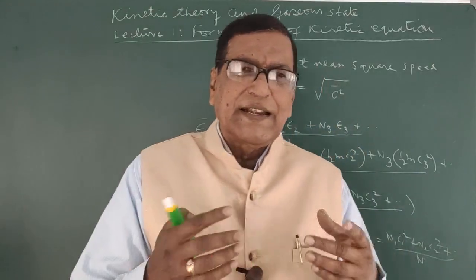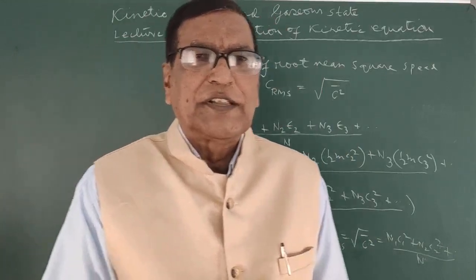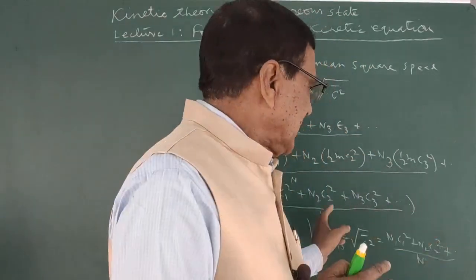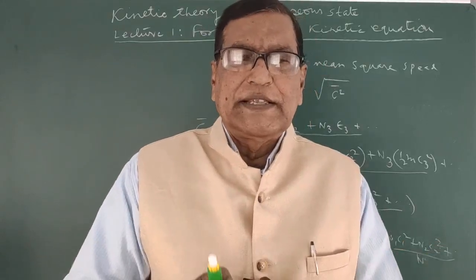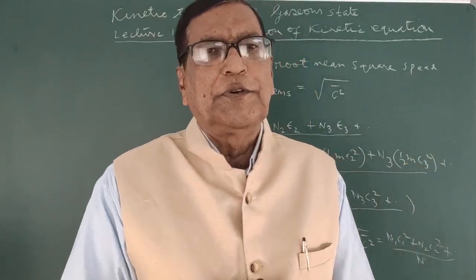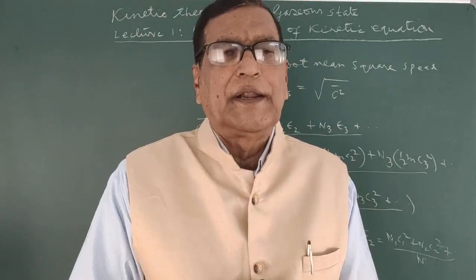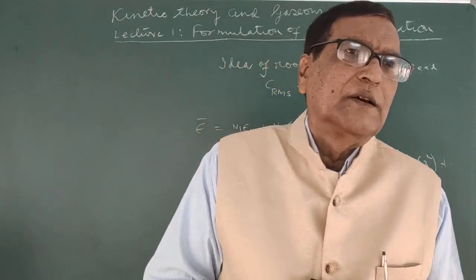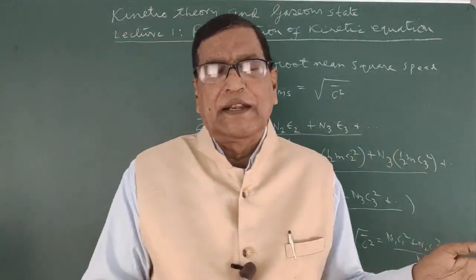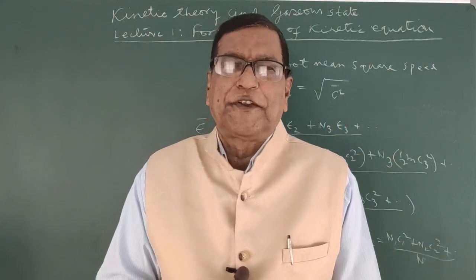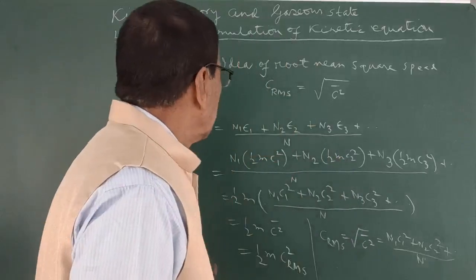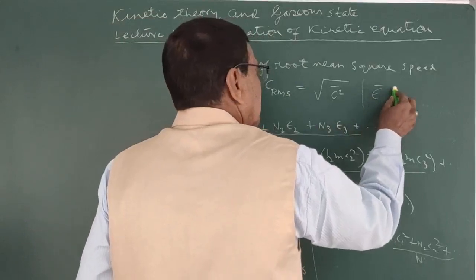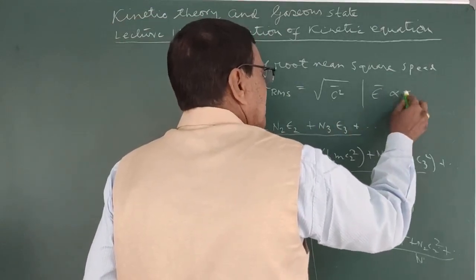So there is another type of speed that is called the average speed of the molecules, but the RMS speed is more fundamental, more theoretical, more accurate than the average speed. Since this epsilon bar is coming from the temperature.